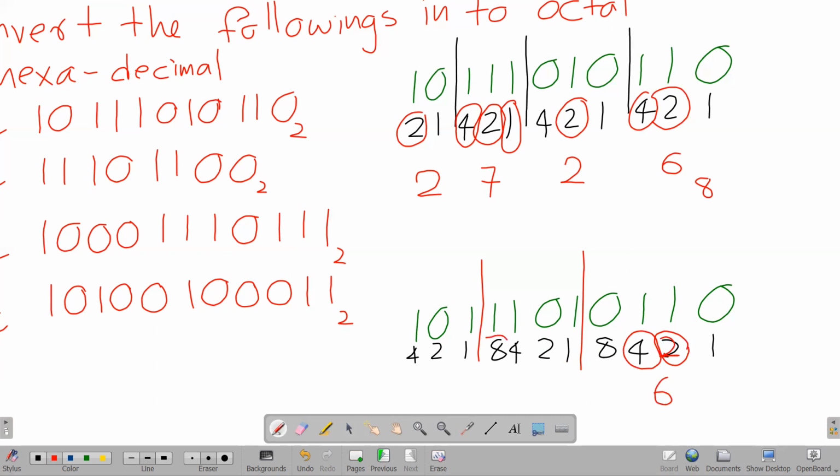Here it is 8 plus 4 plus 1. That means 12 plus 1 is 13. 13 is represented by 10, 11, 12, 13, A, B, C, D. Yes, that is D. And this is 4 and 1. That means 5. So 5D6 in hexadecimal.